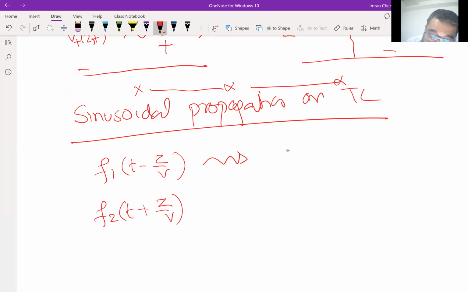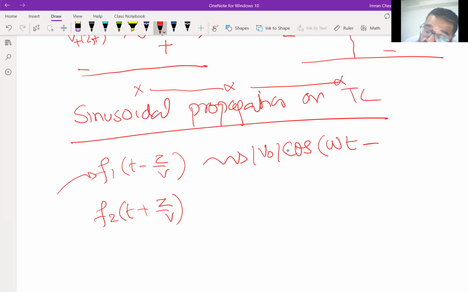In terms of sinusoids, there is some amplitude of a sine, omega t minus, and remember this is a wave, it needs to have both the dependence of t and z.